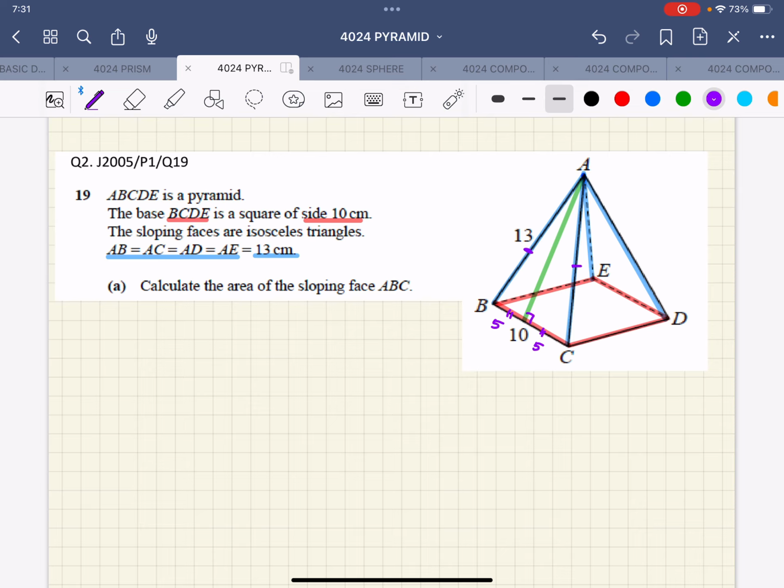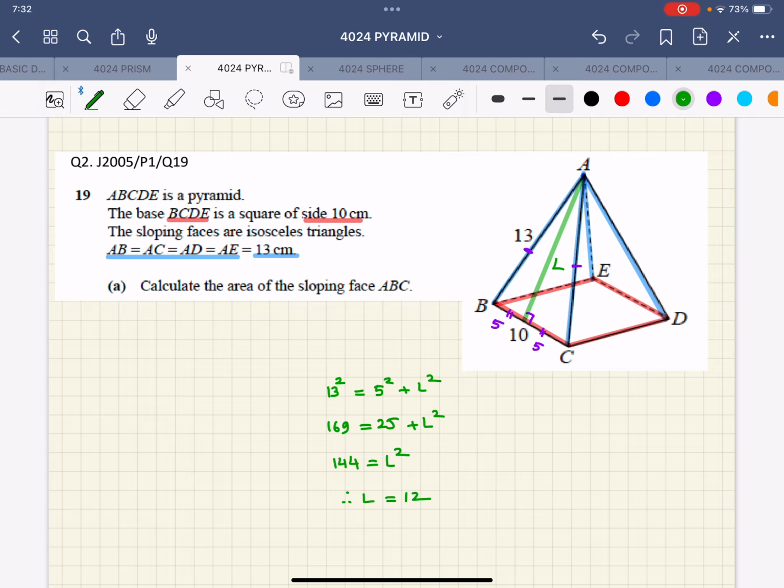That means this green thing over here is the height, the slant height you can say. So let me write this as L. Therefore 13 square is equal to 5 square plus L square. This is 169, this is 25, this is L square, 144 is L square, therefore L comes out to be 12.